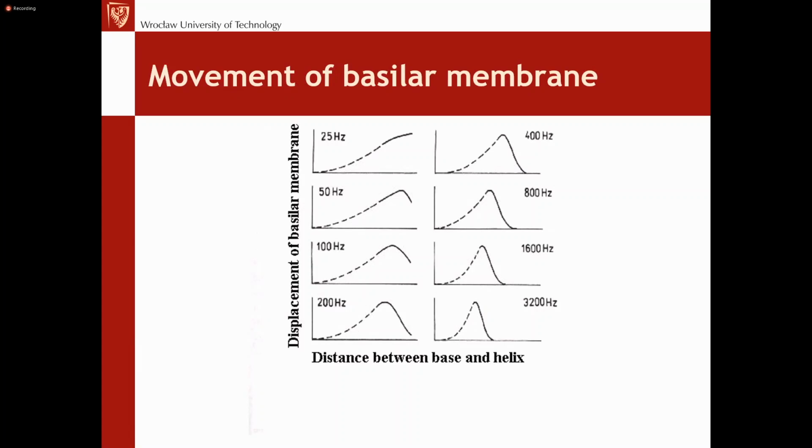The movement of the basilar membrane is exactly connected to the frequency. You can see that the shape of displacement of the basilar membrane is a result of frequency values.